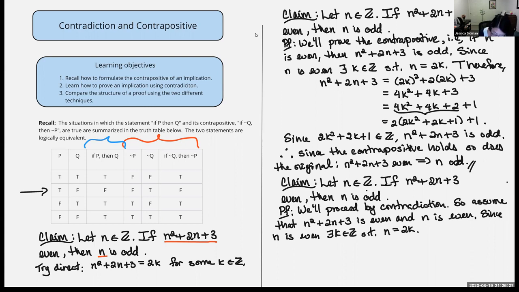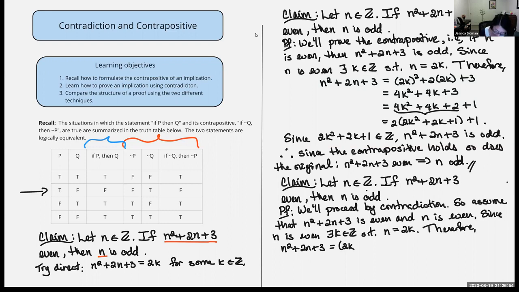We can say therefore. Let's see if it rings any bells. Therefore, what we see is that n squared plus 2n plus 3, which is the quantity of interest, if n is even, we can plug 2k in for n.